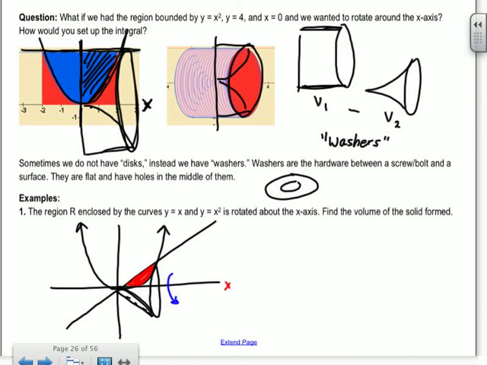So what we do is we call the big radius capital R. That stands for outer radius. The little radius, do you guys see what I just drew? It's kind of hard to draw. I drew the outer one, from the x-axis up to that top point, and then I drew the inner one.